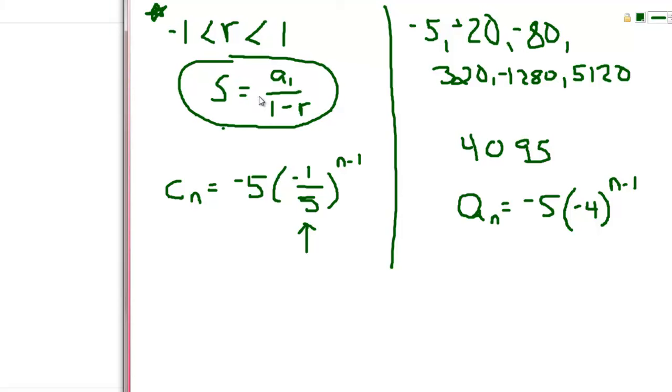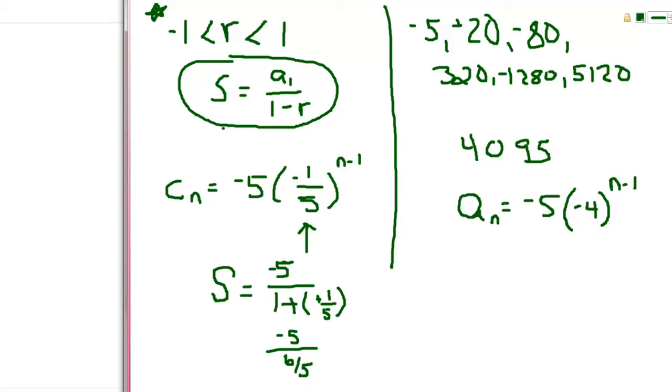So the sum actually ends up to be really, really simple. So the sum, that's an S, not a 5, is that first term over 1 minus negative 1/5. Okay. And so on the bottom here, of course it's a double negative, and that's going to end up being 1 plus 1/5, and so it ends up to be 6 over 5.